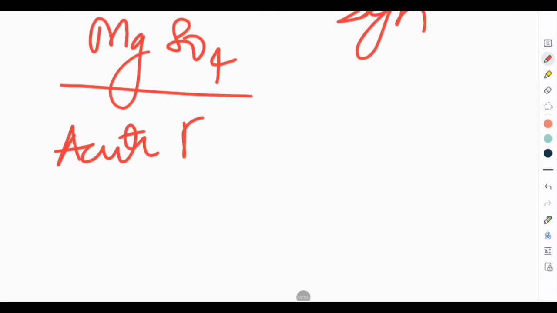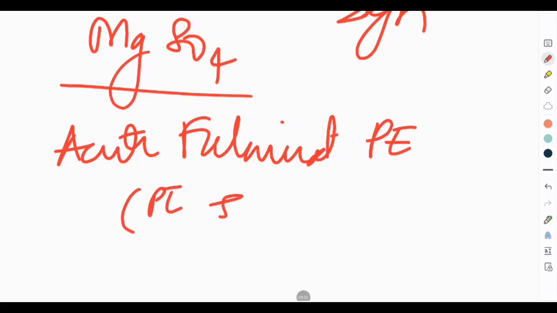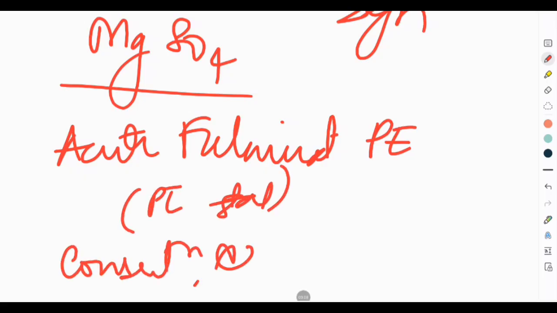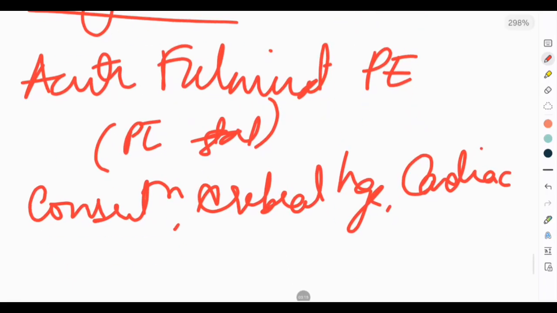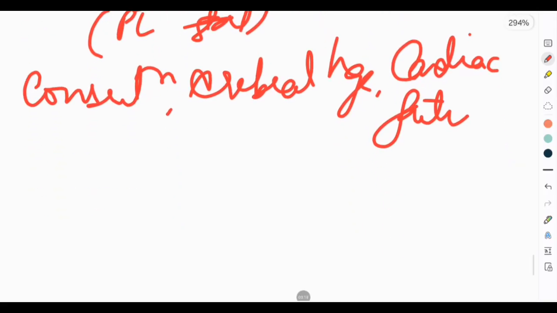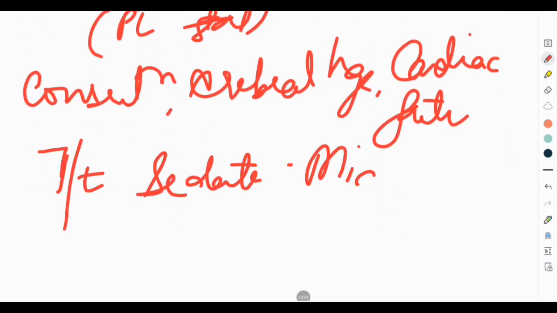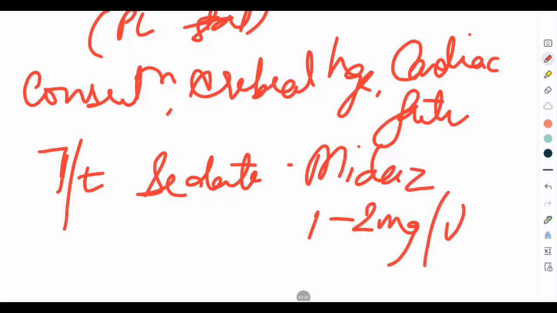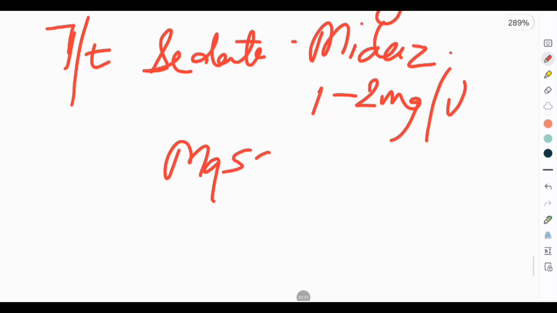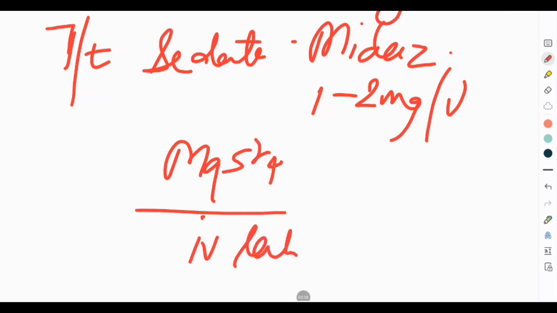Acute fulminant preeclampsia. It is a preeclamptic state with threat of convulsion, then cerebral hemorrhage and cardiac failure. Treatment is sedation, MgSO4, IV labetalol.